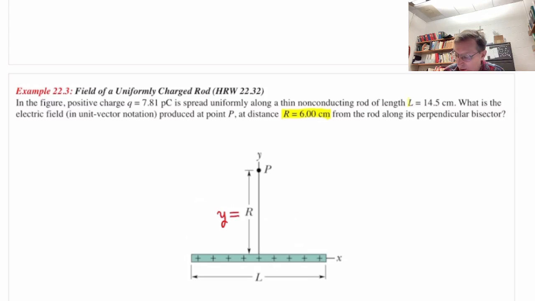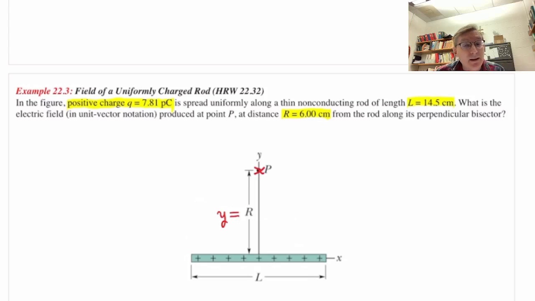We also know how long this rod is, L, 14.5 centimeters, and we know it has a total positive charge Q of 7.81 picocoulombs spread uniformly along it. So again, our task is to calculate the electric field vector at that point on the perpendicular bisector.